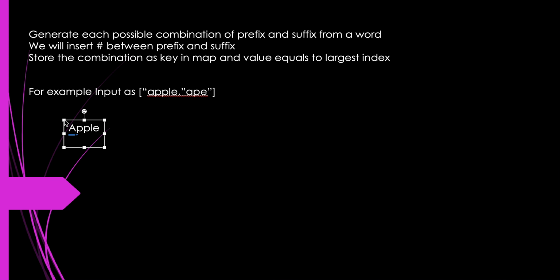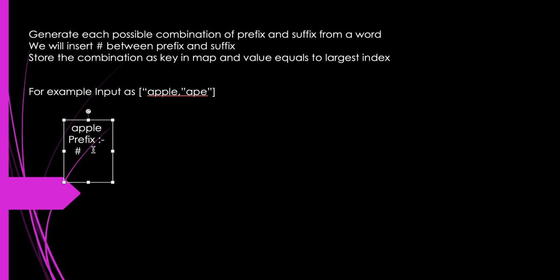So let's start. We are starting with first combination when prefix is empty, then we are putting hash and suffix is also empty.